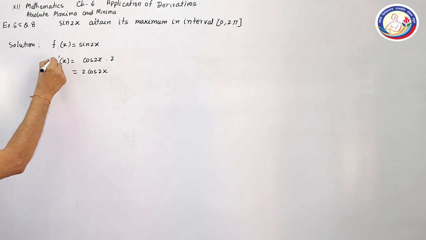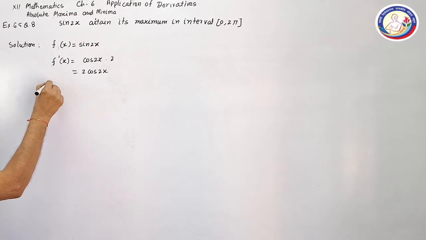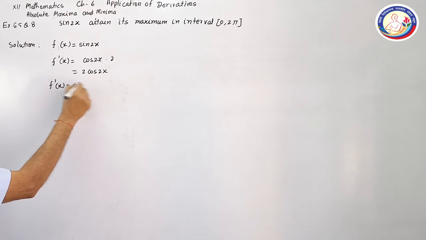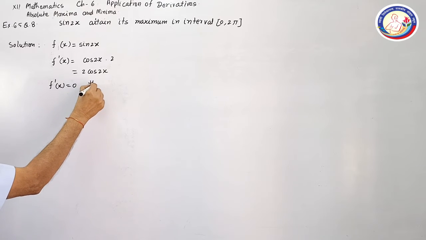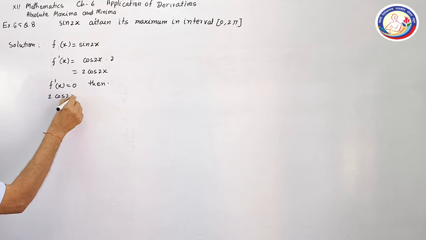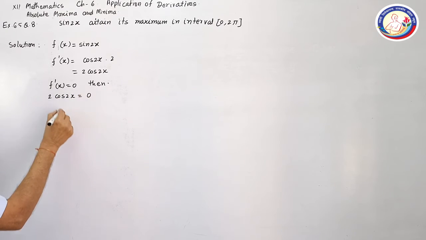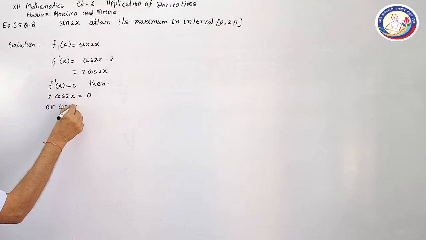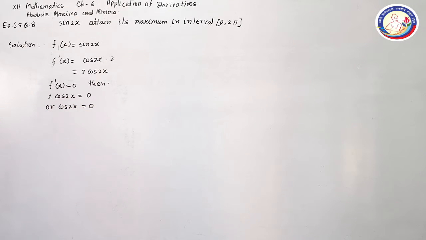Put the first derivative equal to 0. Then twice of cos 2x is equal to 0, or cos 2x equal to 0. We can find the critical points using this equation.